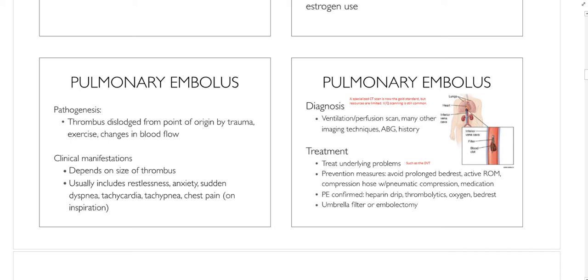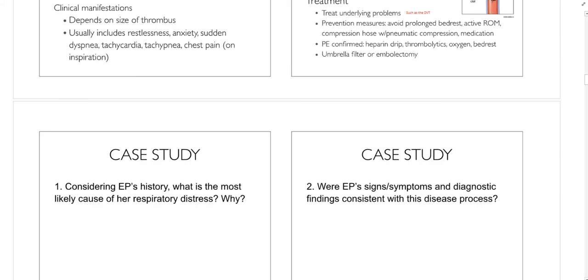And then using medications such as maybe some blood thinners. If the PE is confirmed, we may give them a heparin drip or thrombolytics, and then oxygen to try to promote enough oxygenation around to the other healthy areas that are not affected by the PE, and bed rest. The bed rest will be monitored and balanced with activity as well.